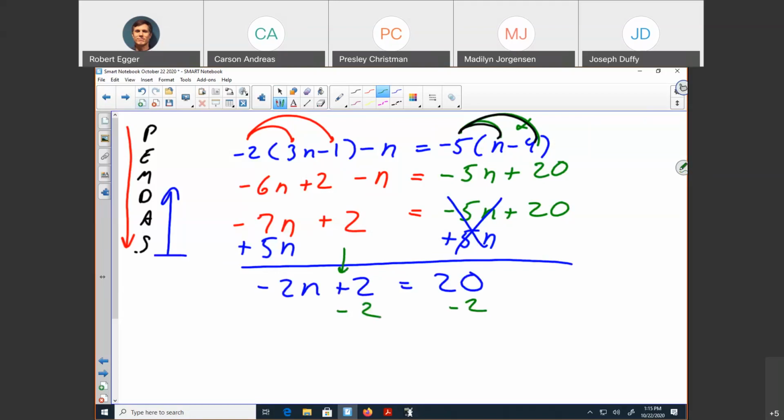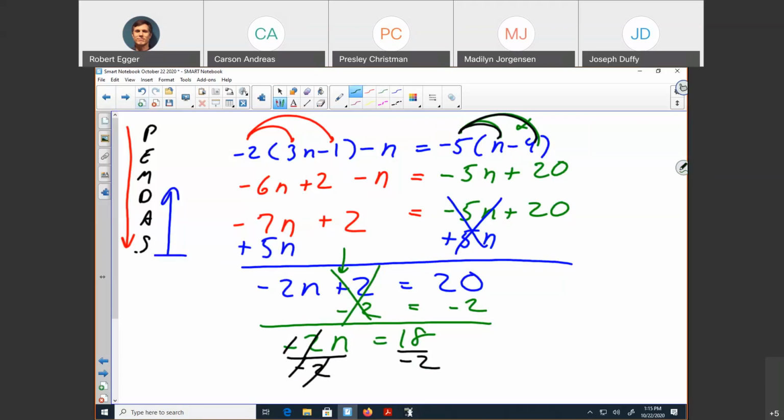Of course, that's equal. Eliminates those, and I have an 18. And last but not least, not 2, but minus 2, because when I'm done, I want a positive 1 in front of the n. Of course, minus 2. So it looks like n equals minus 9 in this case. Okay.